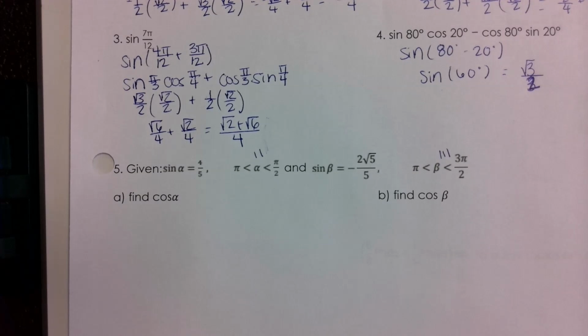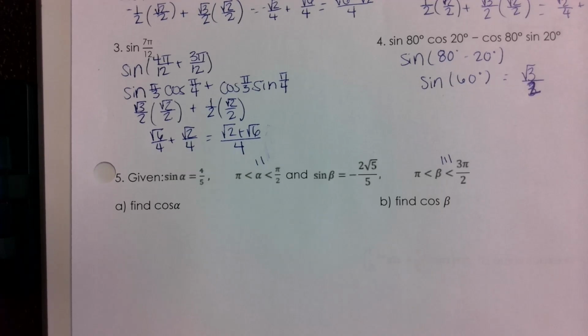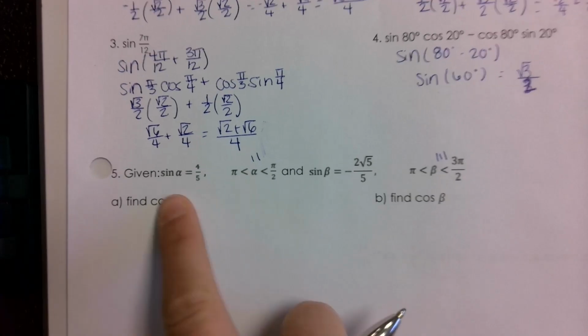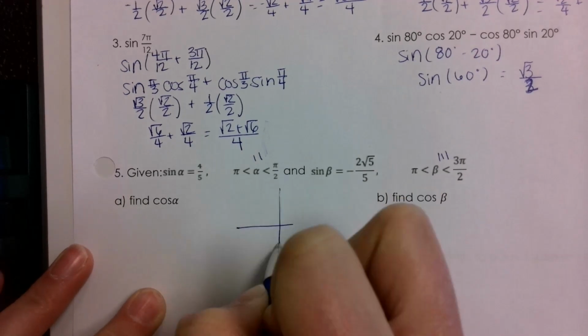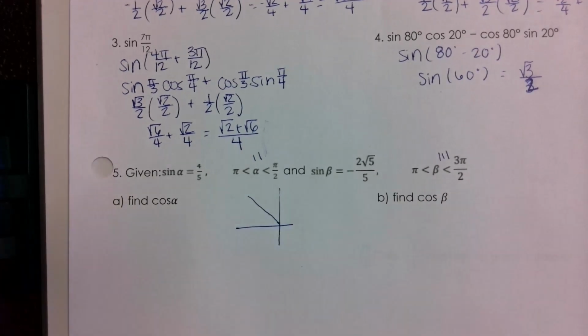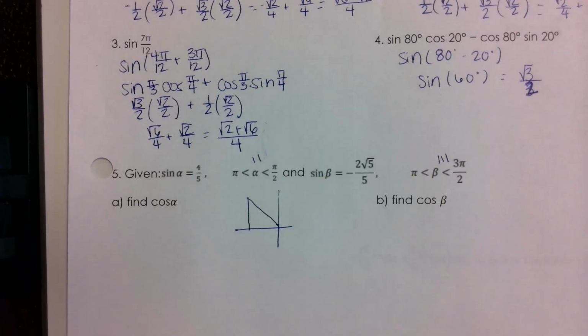So we want to find cosine of A. We need to draw that triangle to find cosine of our A angle. We know it's going to be in quadrant 2, so we'll get that going here. What is sine? Think like SOHCAHTOA. What does sine tell you? Opposite over hypotenuse.